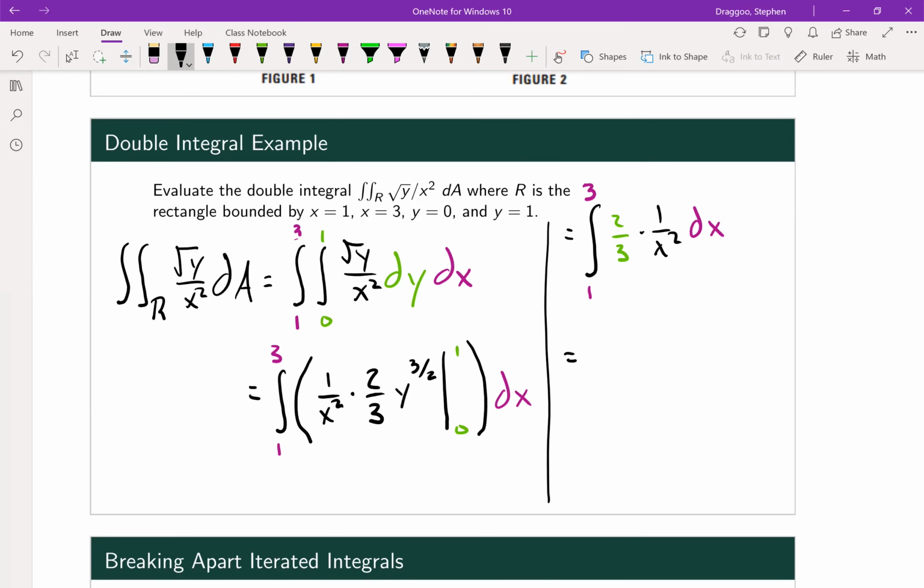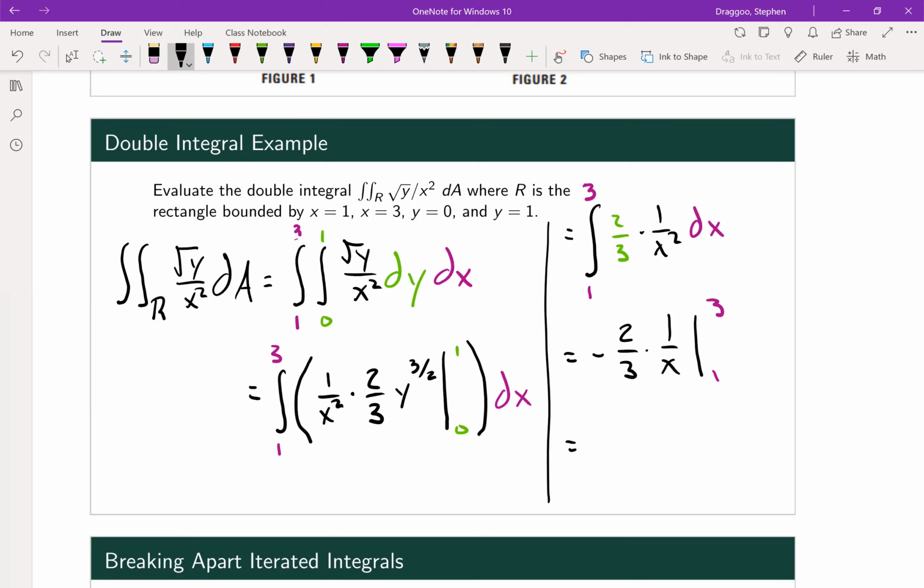We have 1 over x squared, which should integrate to negative 1 over x. So negative 2/3 times 1 over x. And we want to evaluate this piece from 1 to 3, and see what we get when we plug all that in.